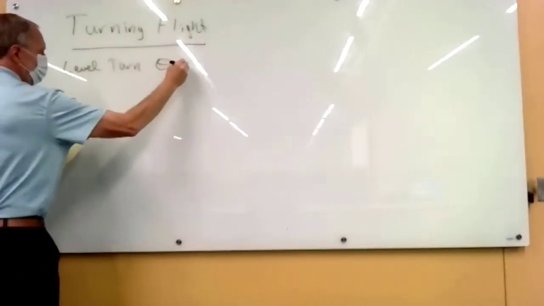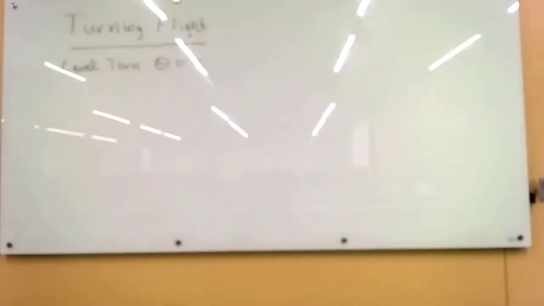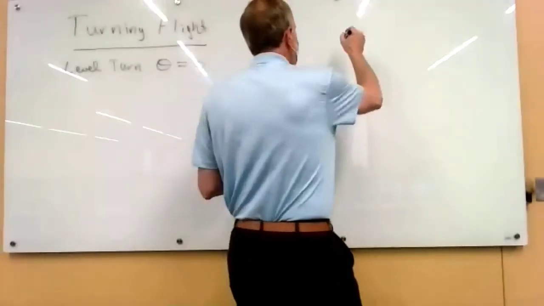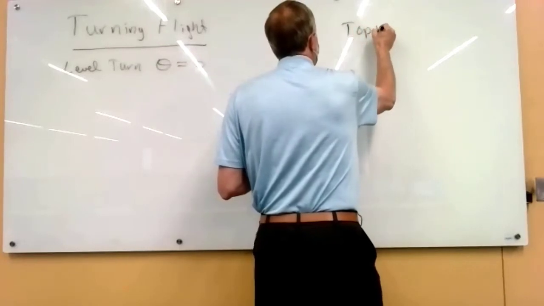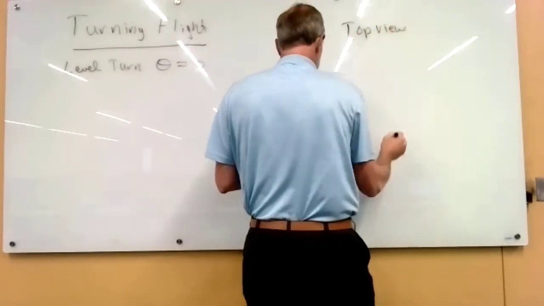We're doing a level turn where our flight path angle is 0, meaning we're not climbing or diving while we're doing the turn. A top view of what's going on looks like this.